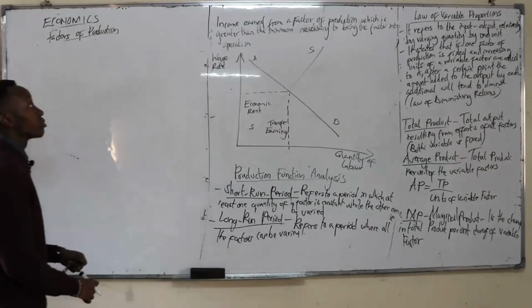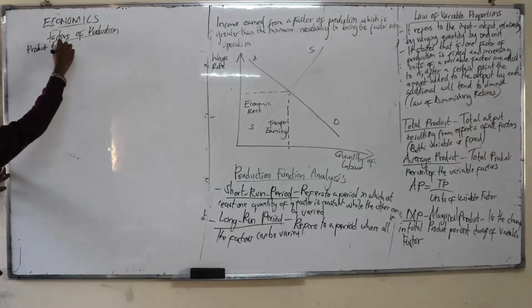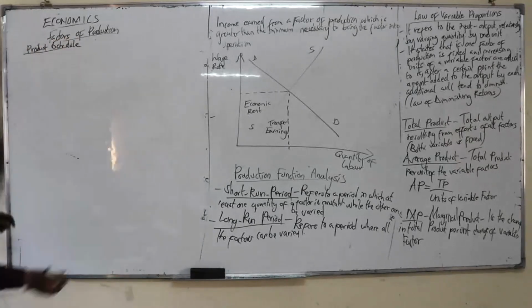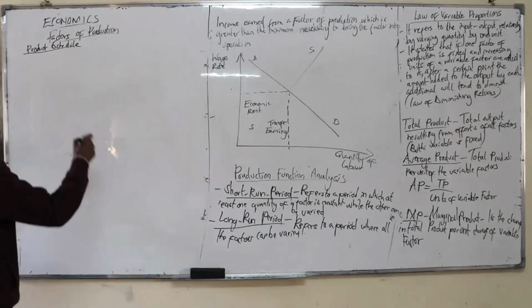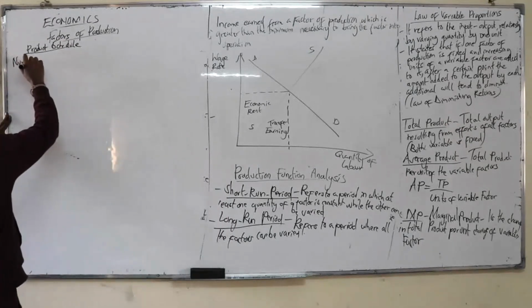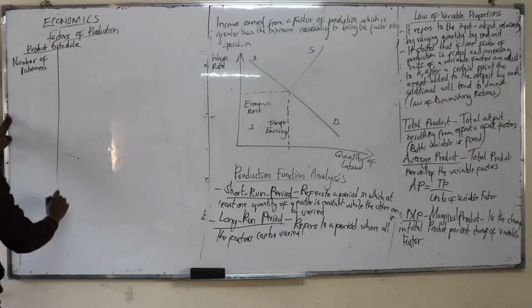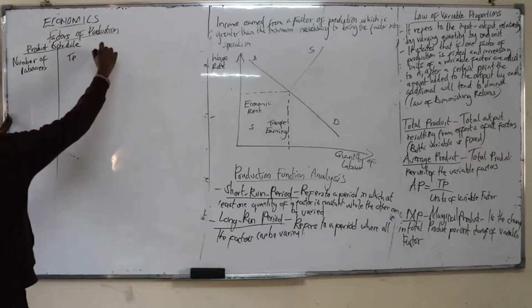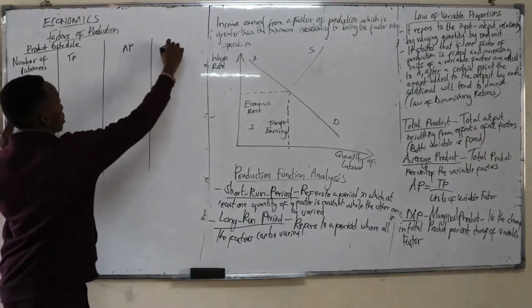You can have a product schedule, where the variable factor of production is, let's say, labor. So you have the number of laborers or workers on one side, the total product on another, then the average product, and then the marginal product.